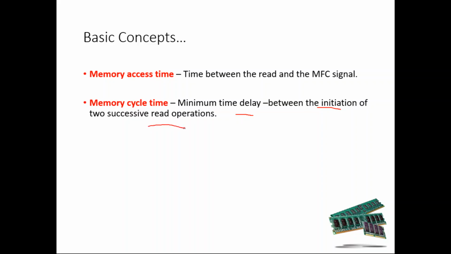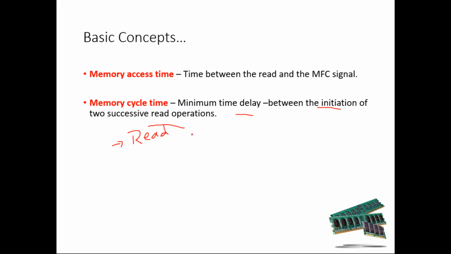So if you take one read operation, how does it happen? First the address will be loaded into MAR. Then after loading the address into MAR, the processor will generate the read signal.